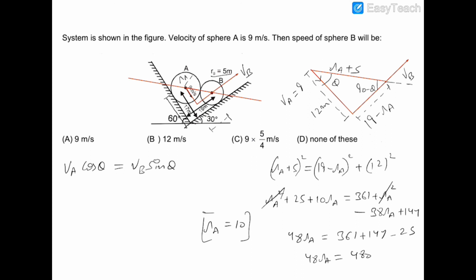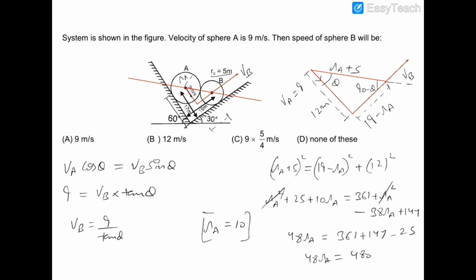VA is 9, and VB we have to find out, so VB is equal to 9 upon tan theta.